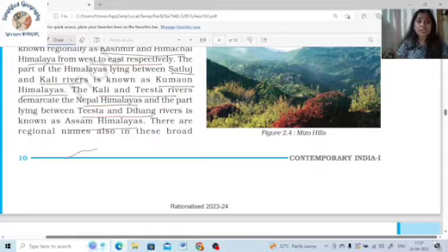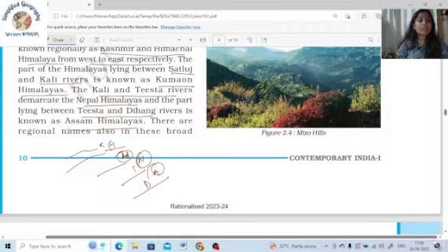So the Indus and Satluj form the Kashmir and Himachal Himalaya, the Kali and Tista rivers form the Nepal Himalaya, and the Tista and Dihang rivers form the Assam Himalaya.